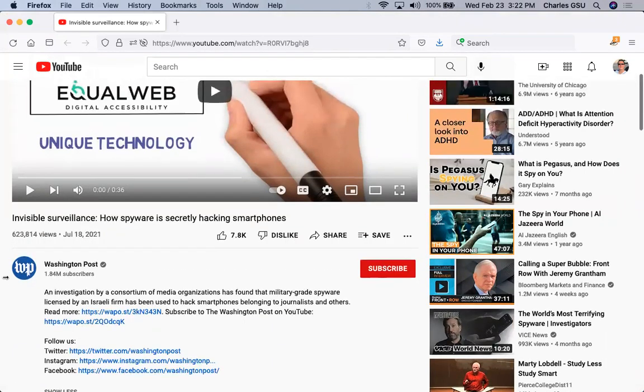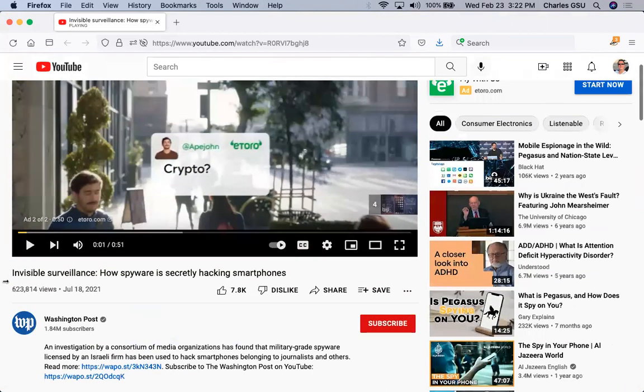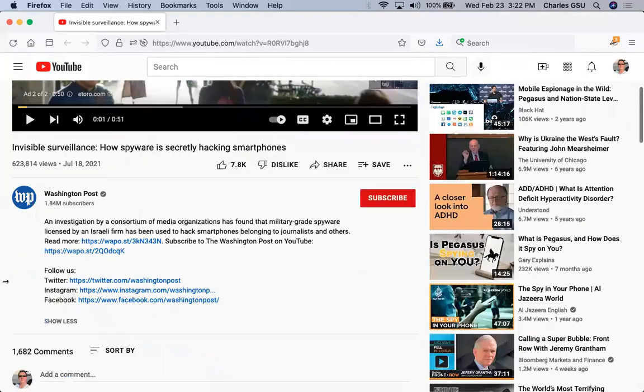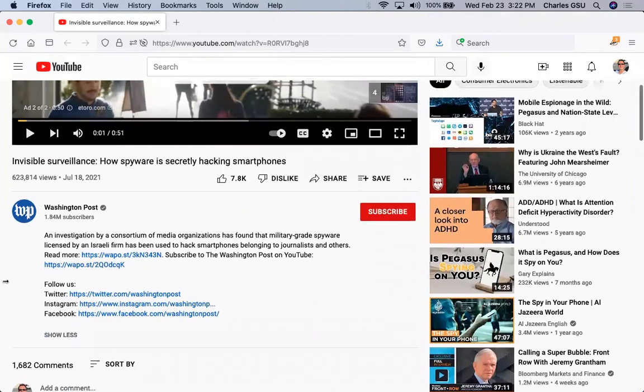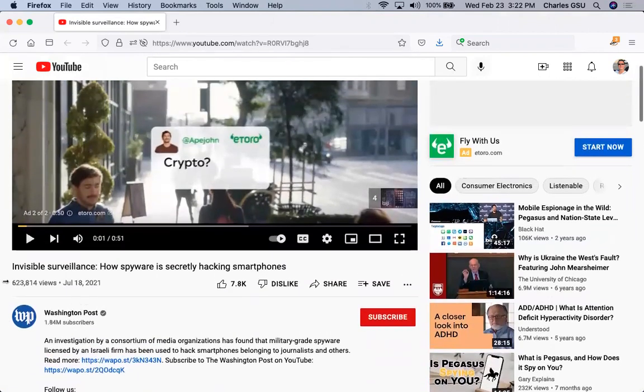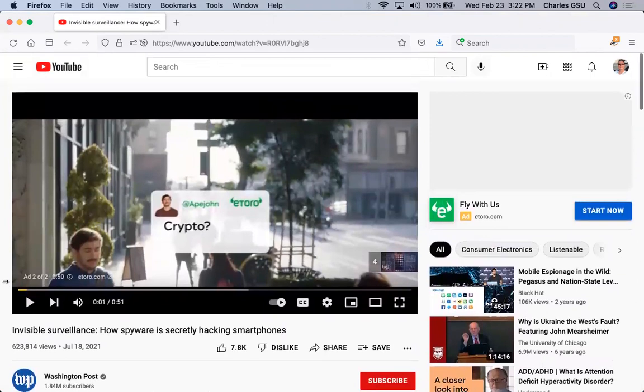So the Washington Post, if you don't know, received its kind of World Hall of Fame with the Watergate story that it broke, that eventually led to former President Richard Nixon's resignation, right?